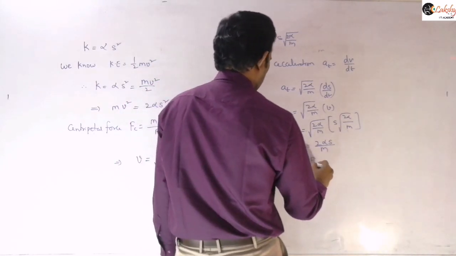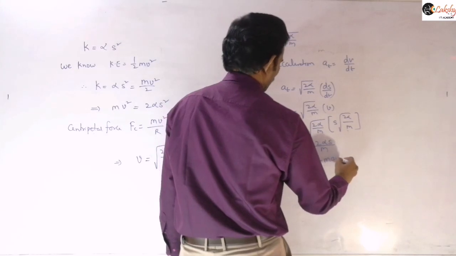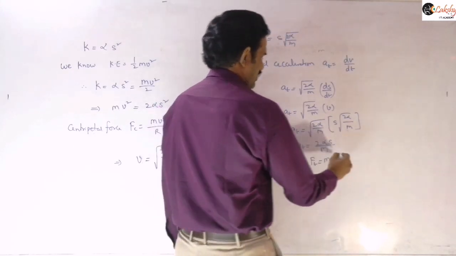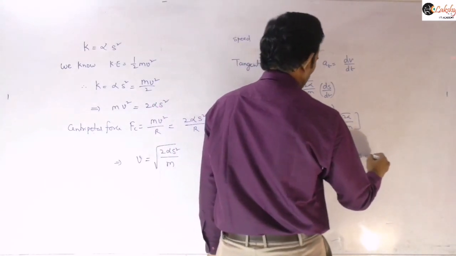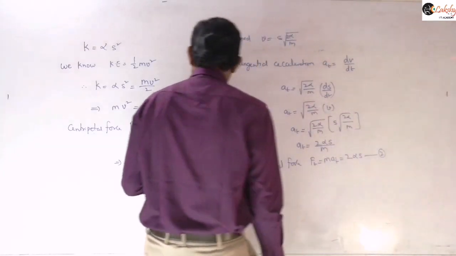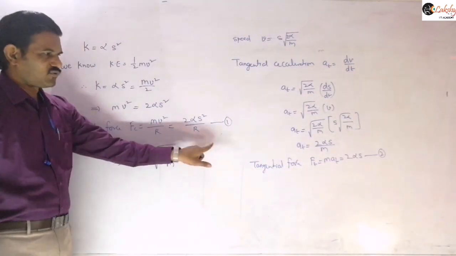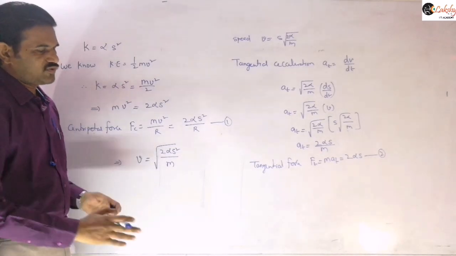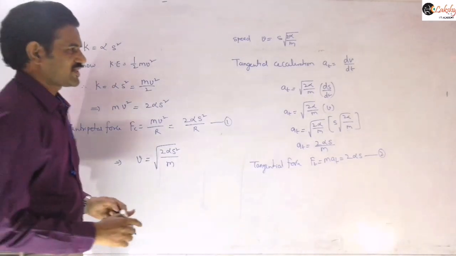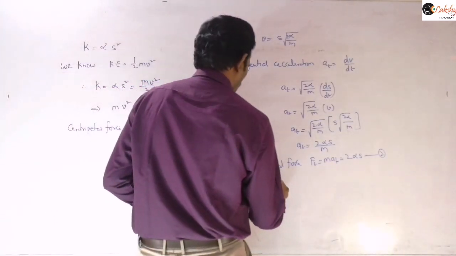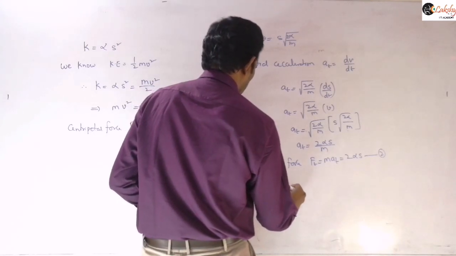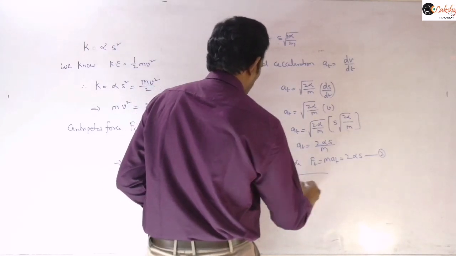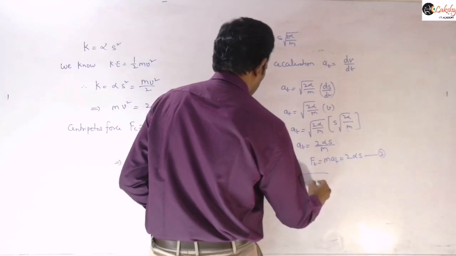Tangential force Ft is equal to m into at. So that m you can cancel, so 2 alpha into s you can write. So this is the centripetal force, and that is the tangential force. Now from that you can find the net force acting on the particle. And therefore this net force we can write as under root of Fc square plus Ft square.